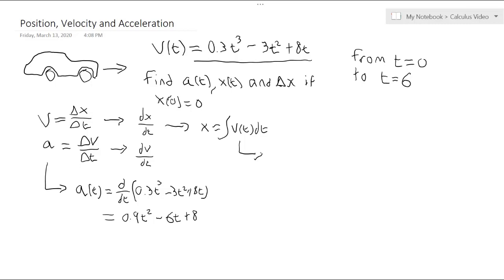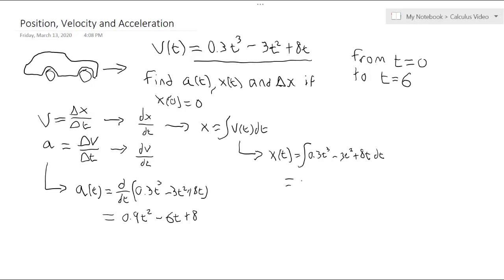So now let's do this. Here we're going to get that x of t is equal to the integral of 0.3 t cubed minus 3 t squared plus 8t dt.